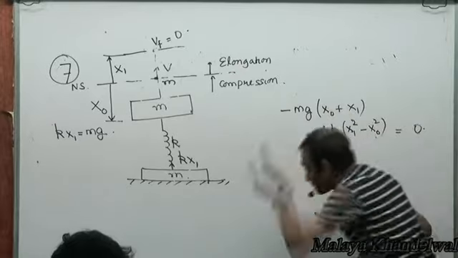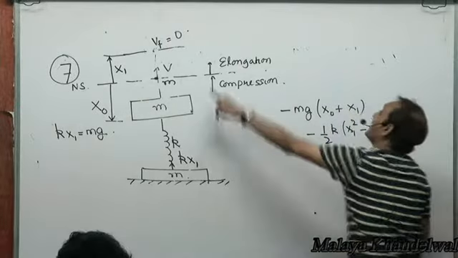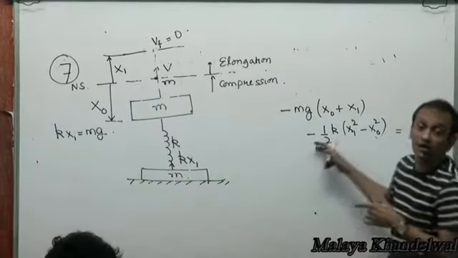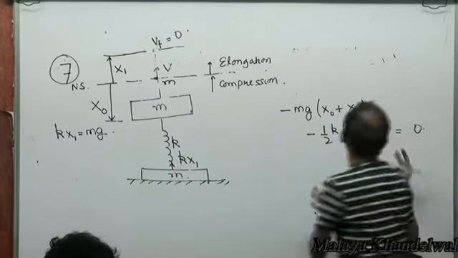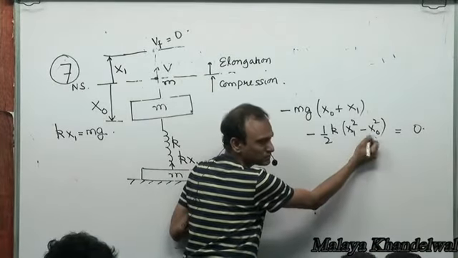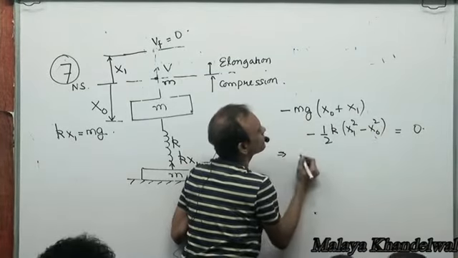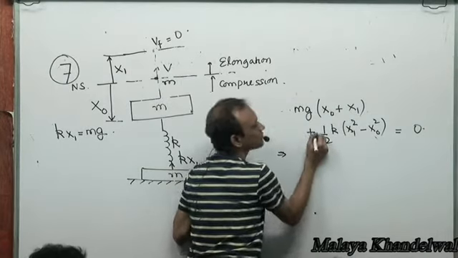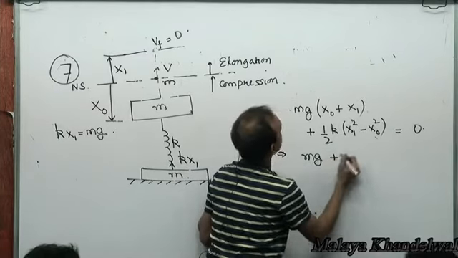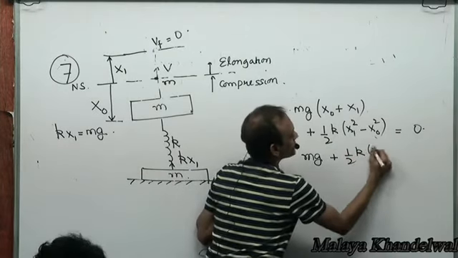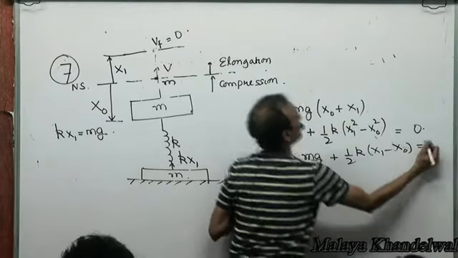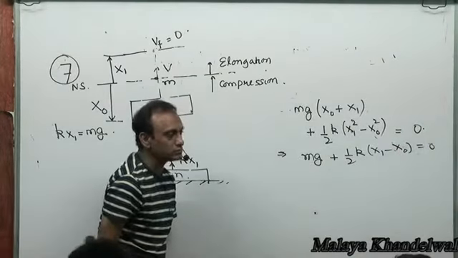If I compress it by an amount x0, it will at least reach x1 with zero velocity, if x0 is obtained from this. There is no issue at all, because again I can divide by x1 plus x0. So first of all, this will give me mg plus half k into x1 minus x0 equal to 0, after dividing by x1 plus x0.